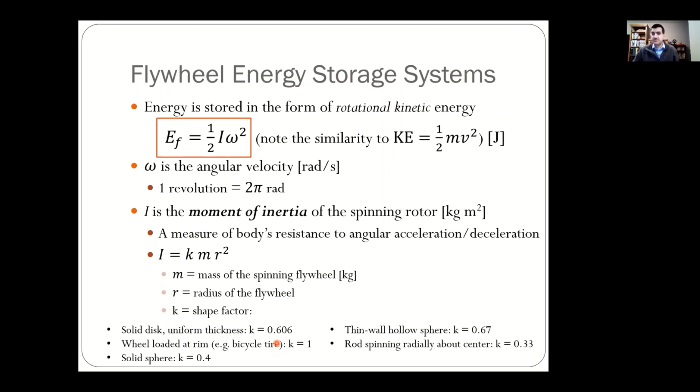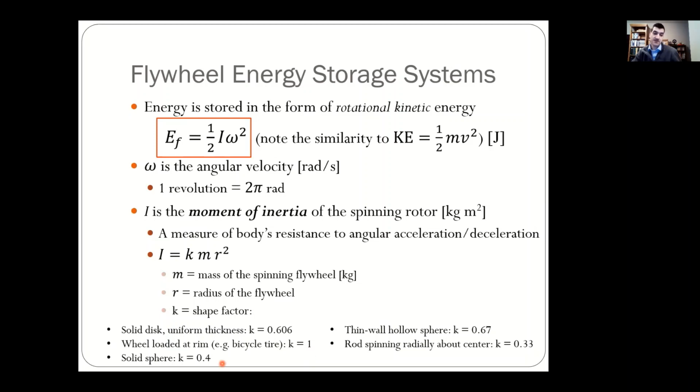Almost all of its mass is at the outside. It's not exactly at the outer perimeter, but it's pretty close. So for something like a bicycle wheel or a donut shape where most of the mass is on the outside, we can say that the shape factor is equal to 1. That's as high as it can get. There's nothing that's going to be higher than that.